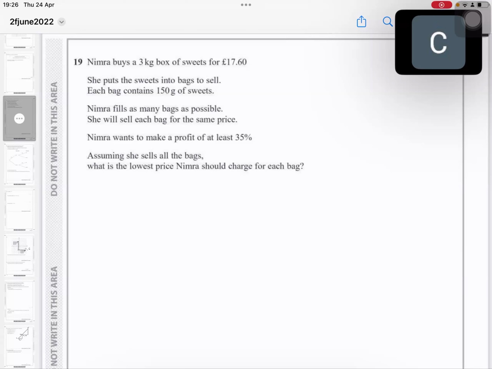We did that by dividing 3,000 grams by the number of grams for each bag. Okay. Any questions on this? No.